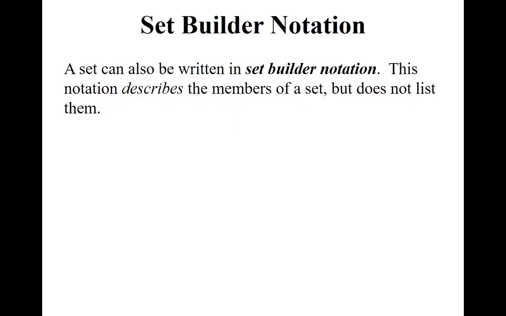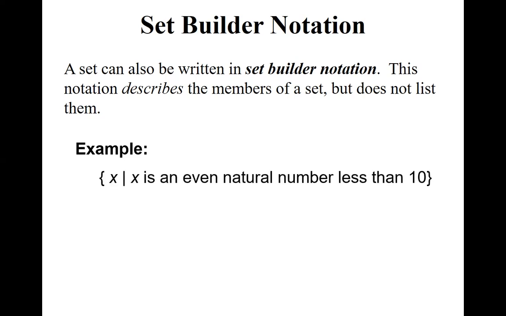Now, a set can also be written in something called set builder notation. This notation describes the members of a set, but does not list them. For example, we would read this as the set of all x such that x is an even natural number less than 10.